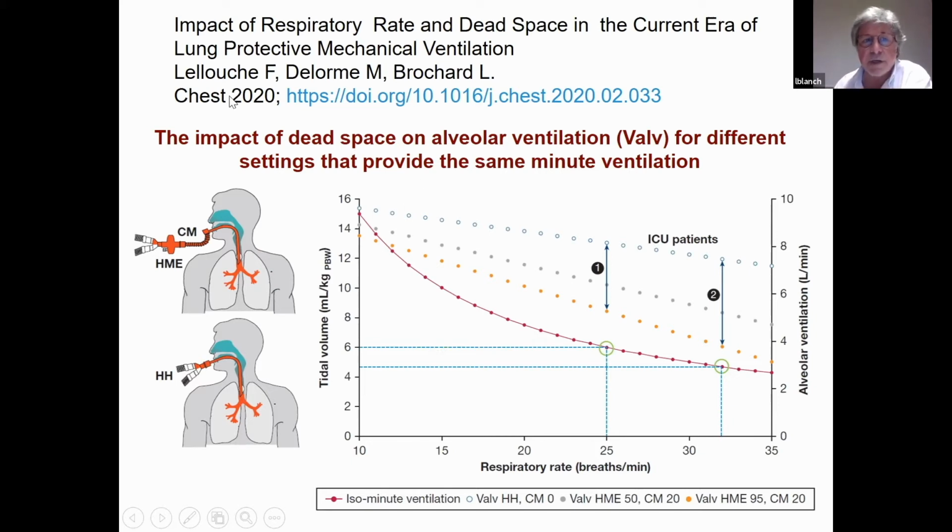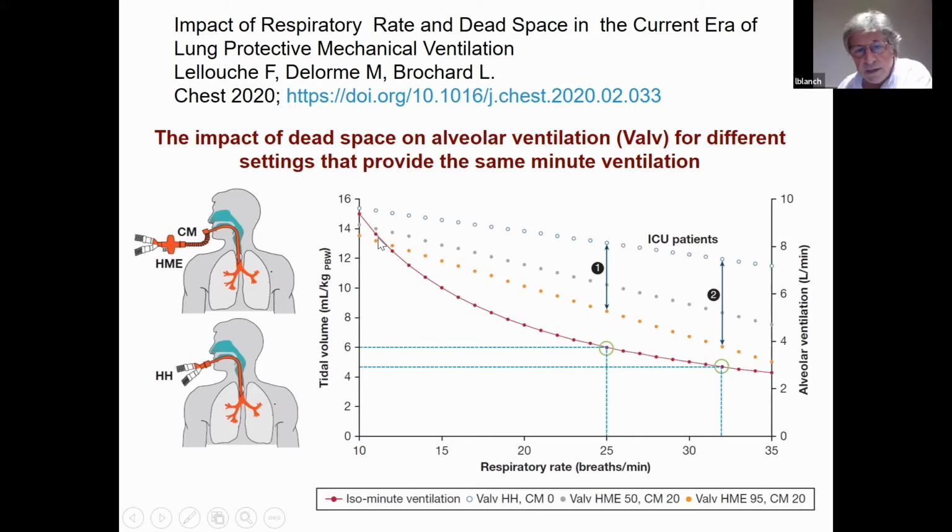This is a recent publication of an issue that we know from the past, but this has been characterized by the group of Lluis and Blanch. What we have here in red is the anatomic dead space, and these are centimeters of airway dead space, this tube, and the heat and moisture exchangers compared with the heated humidifier.